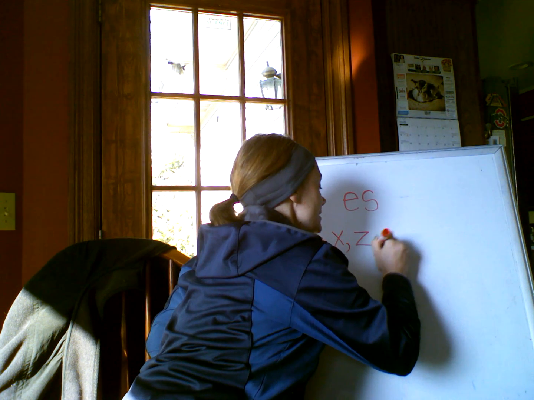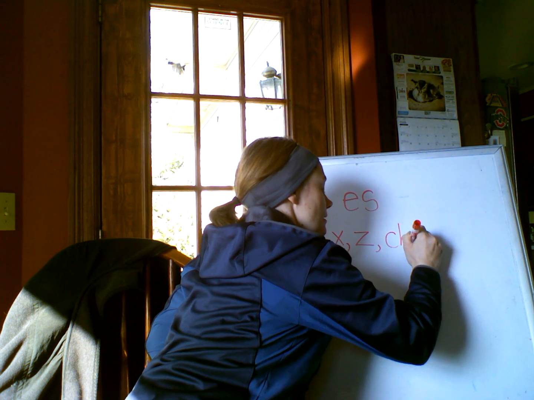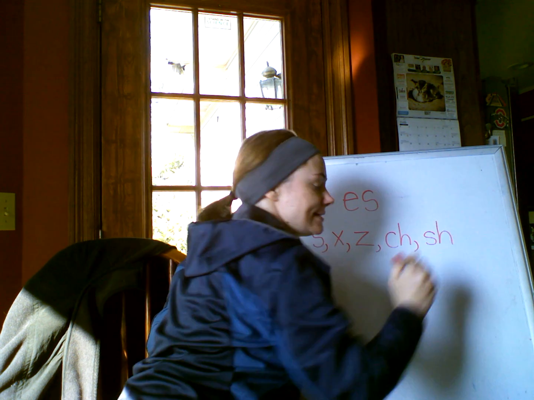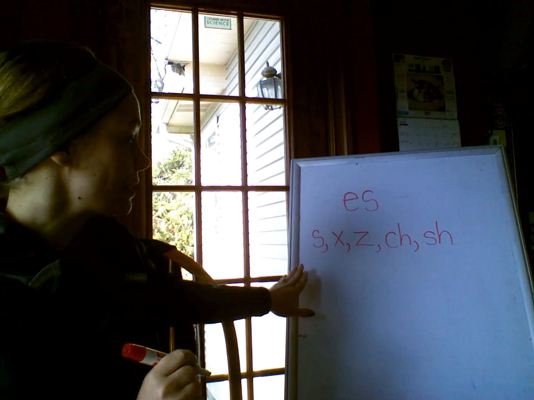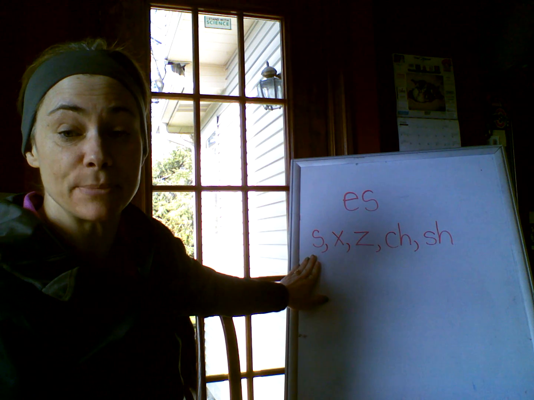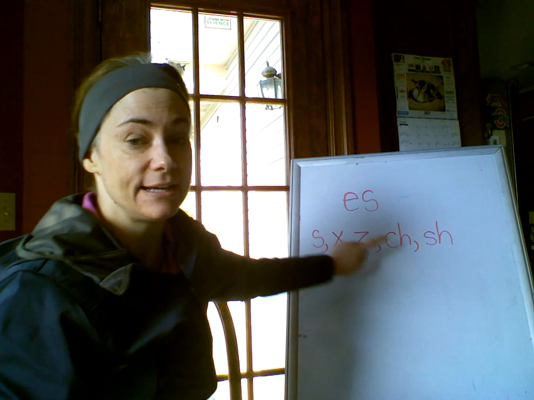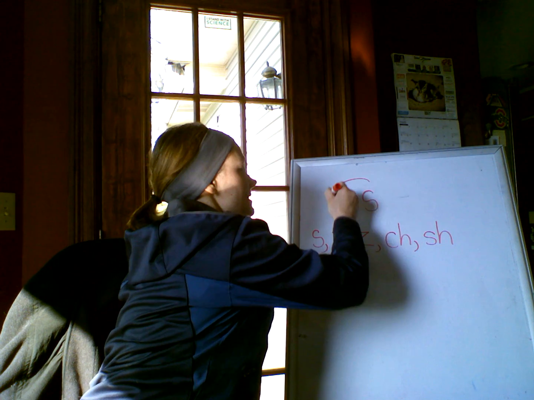When a word ends with CH and SH. So you have to remember, if the word ends with any of these endings, it gets an ES at the end, okay?